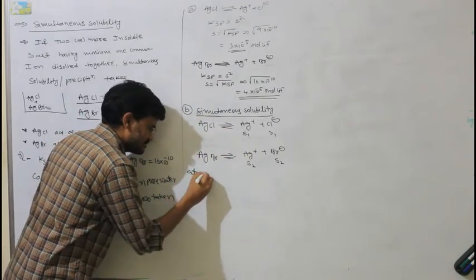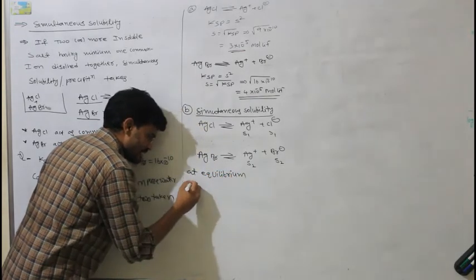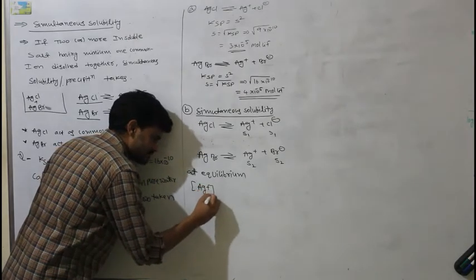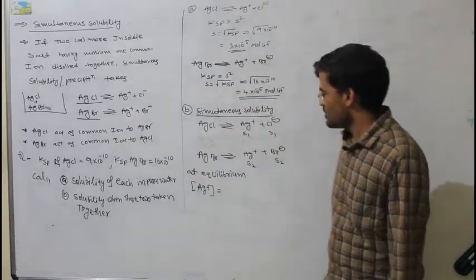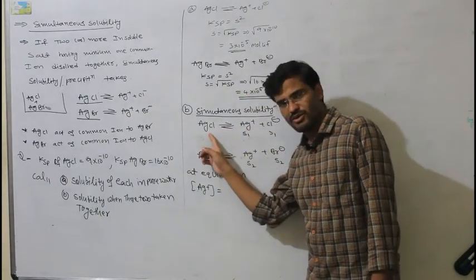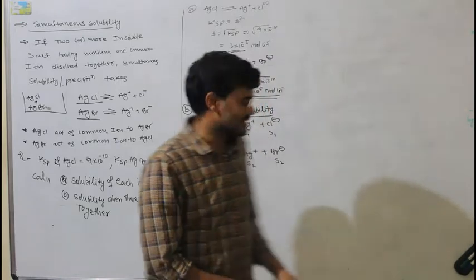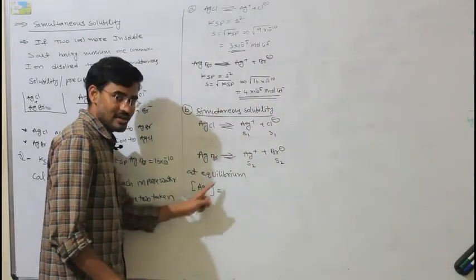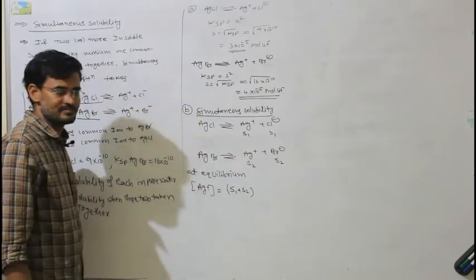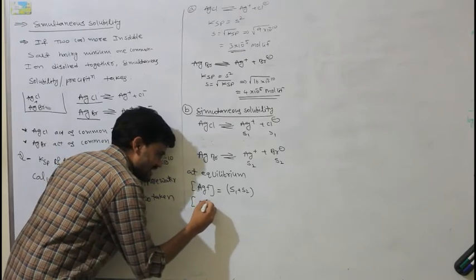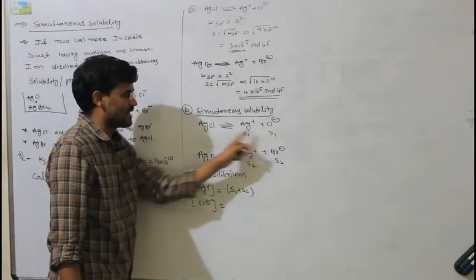So now at equilibrium, since both are in one container, the concentration of Ag plus means you have to take the Ag plus from the silver chloride and the Ag plus from the silver bromide together. So the concentration of silver at equilibrium becomes S1 plus S2. Same way, the concentration of Cl minus at equilibrium is S1, because Cl minus is released by only one salt.